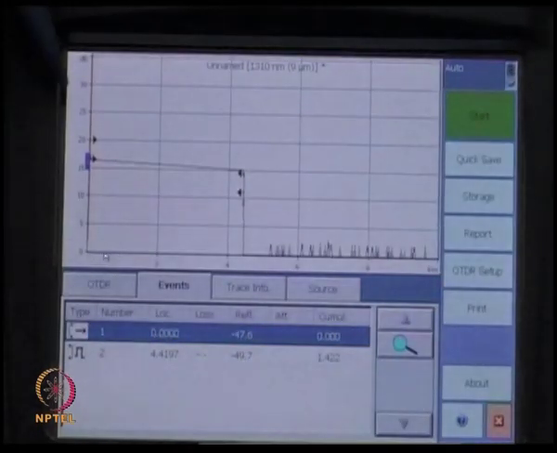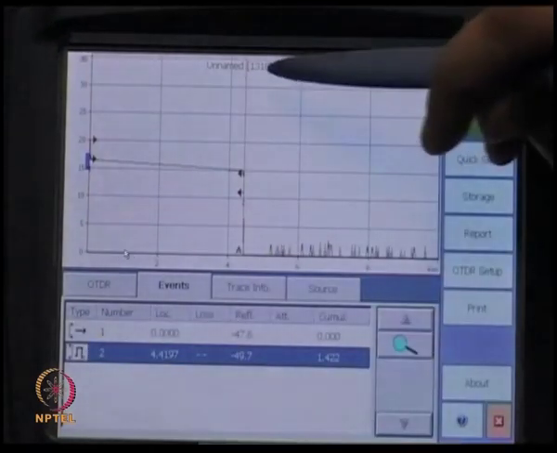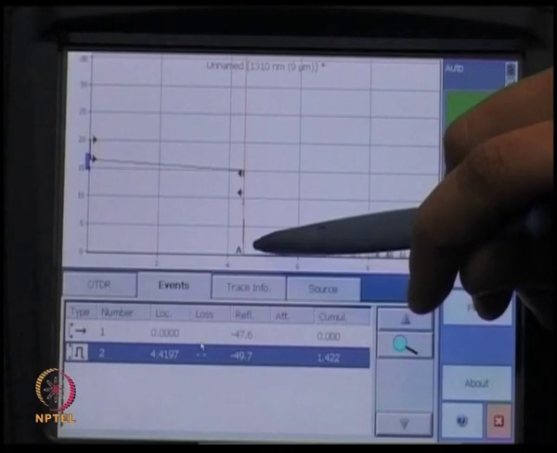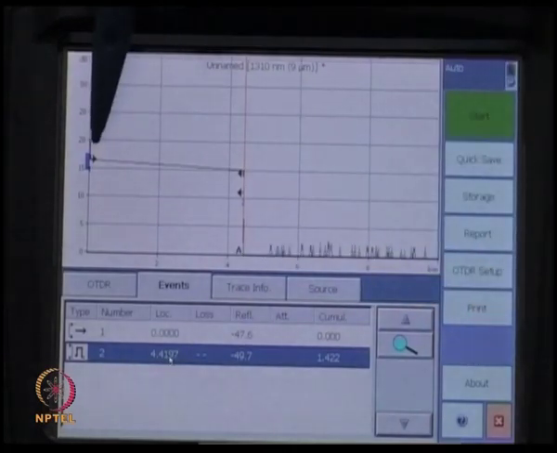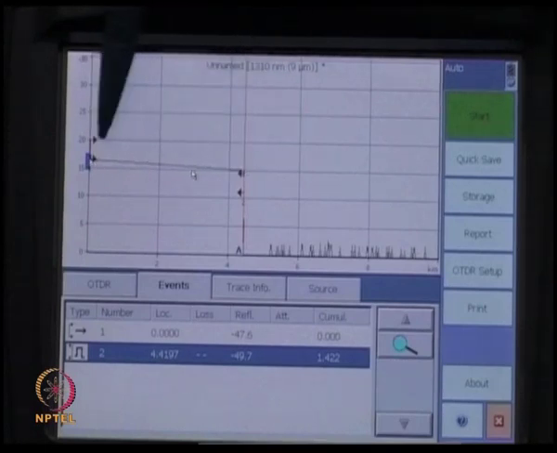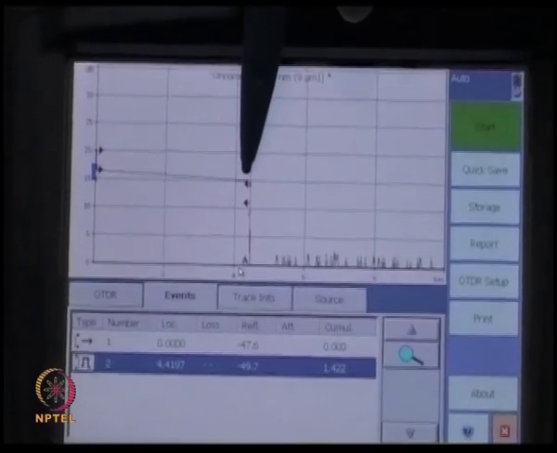As we saw, the x axis is the distance and the y axis is in terms of dBs, which measures the loss. One can see here the length of the fiber is about 4.4 kilometers. You see the scattered light reduces continuously, and the difference between this and this essentially tells you the loss inside the optical fiber.